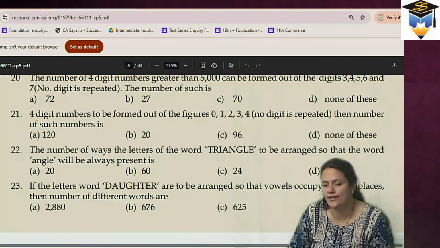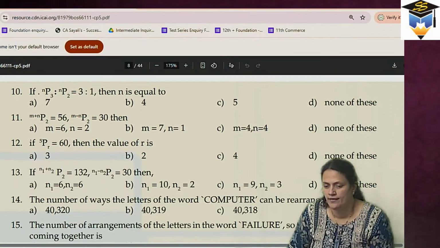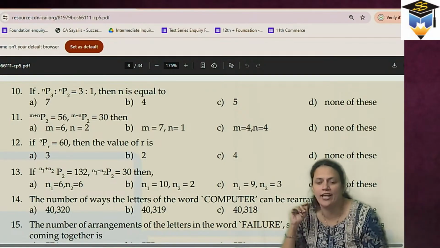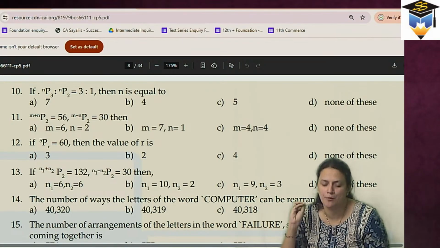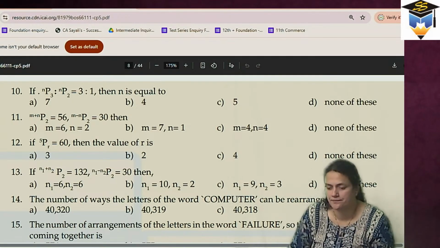How many total? 23. np3 upon np2 is given to you as 3 upon 1. Find out the value of n.